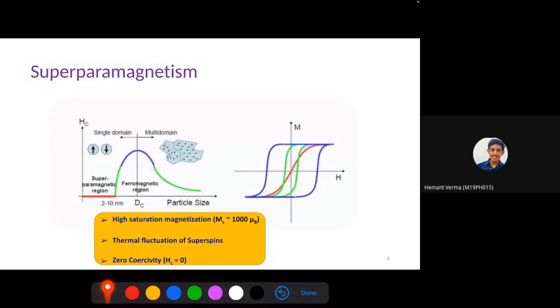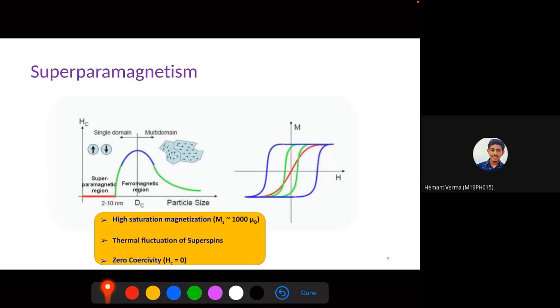For iron, it is around 30 to 35 nanometer. If you take some other alloys, it can be higher. So this transition from a ferromagnetic to a superparamagnetic region can happen at different sizes for different materials.